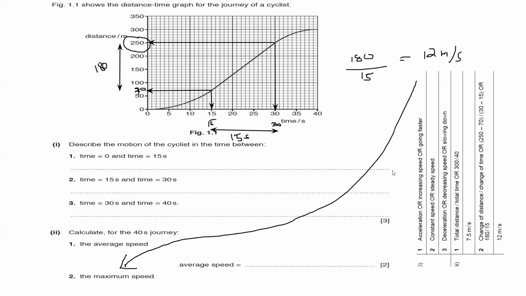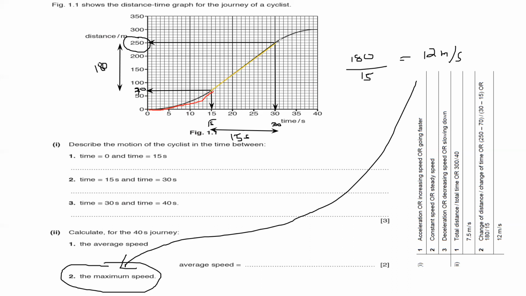But this time they made the question a bit tricky by saying calculate the maximum speed. So first you have to work out the region in which it will have the maximum speed, by looking at the angle or the gradient. In this region it will have the maximum gradient. That's why it will have the maximum speed.